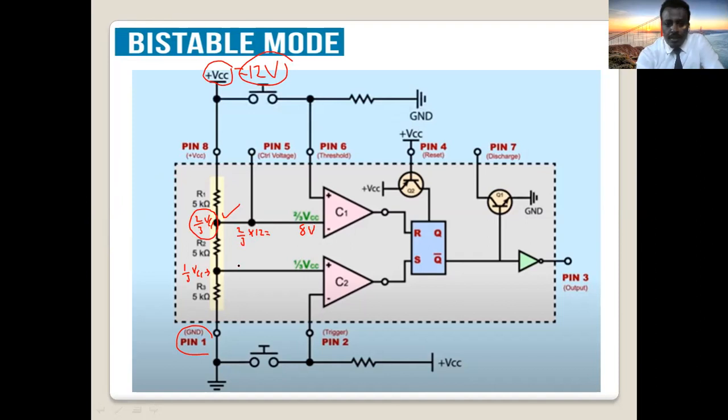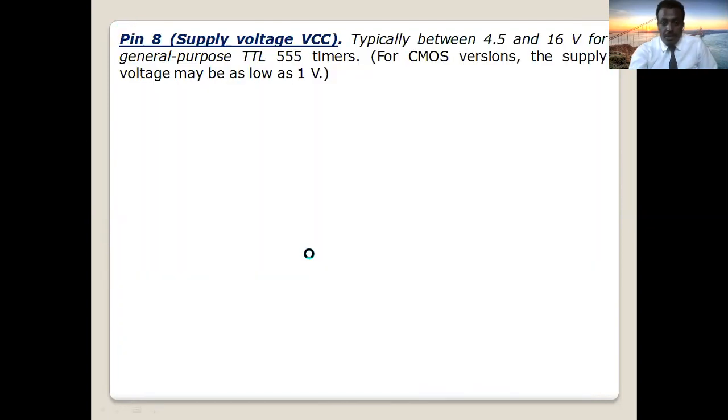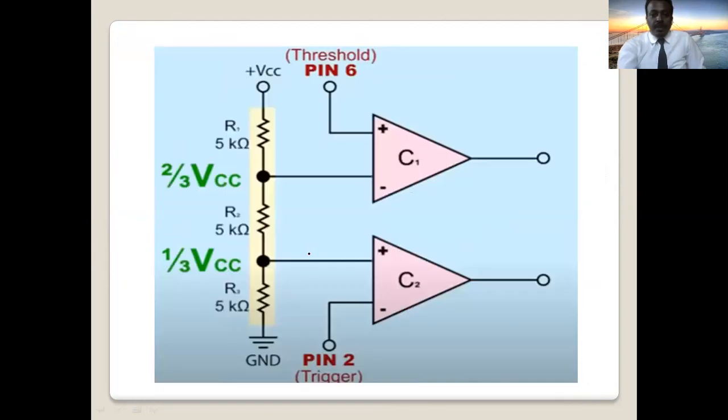Now, at this point, it's only 1/3 of VCC. 1/3 of the 12 volt battery gives 4 volts. That's the first stage. Always in the timer, the first subsystem we have discussed is this voltage divider.